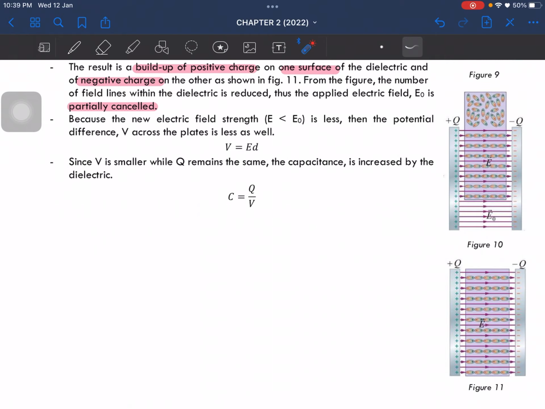Because of that, the potential difference across the plates also reduces, because electric field strength is directly proportional to the potential difference. Since the potential difference is smaller and the charge remains the same, the capacitance will increase.